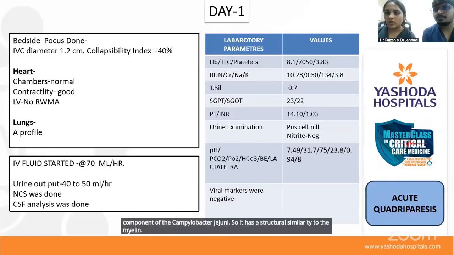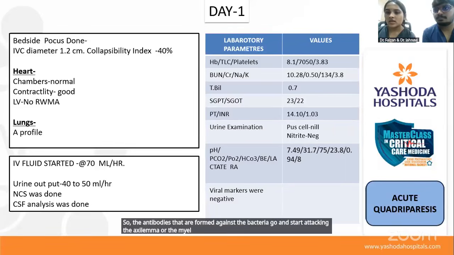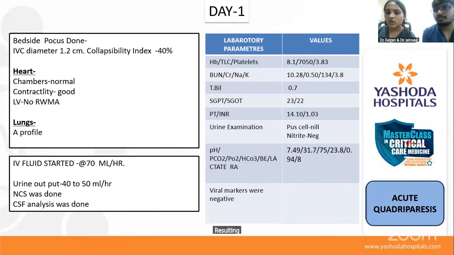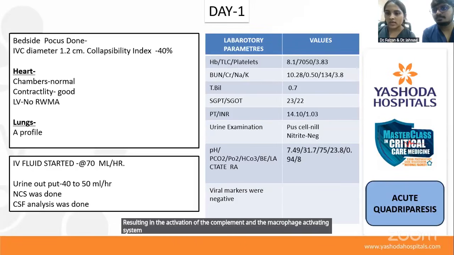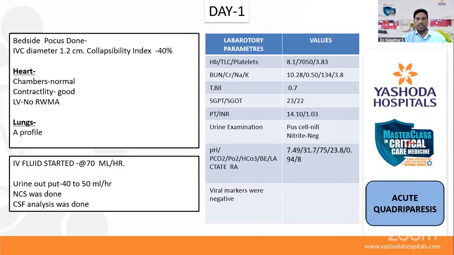So the antibodies formed against the bacteria start attacking the axolemma or the myelin sheath, resulting in activation of the complement and the macrophage system and degrading of the myelin or the axolemma. Correct. Okay.